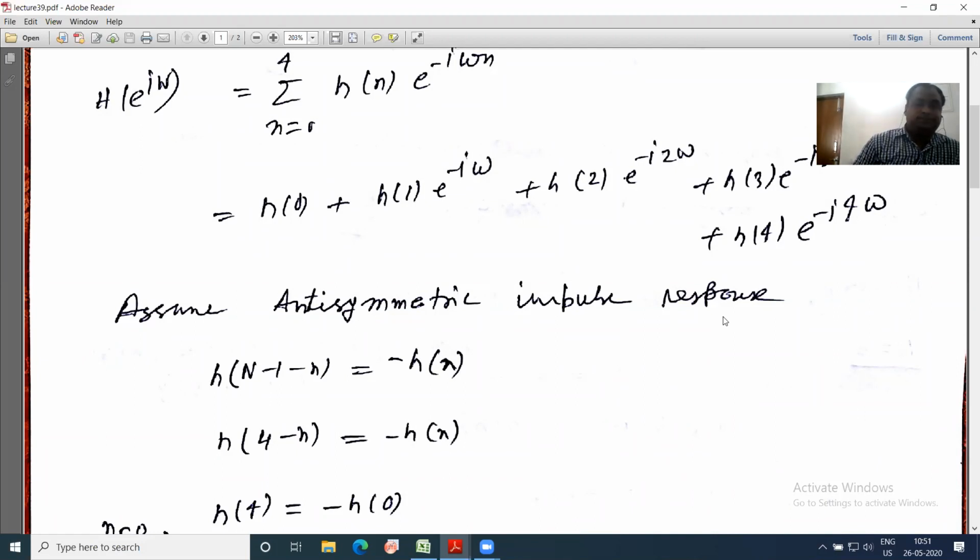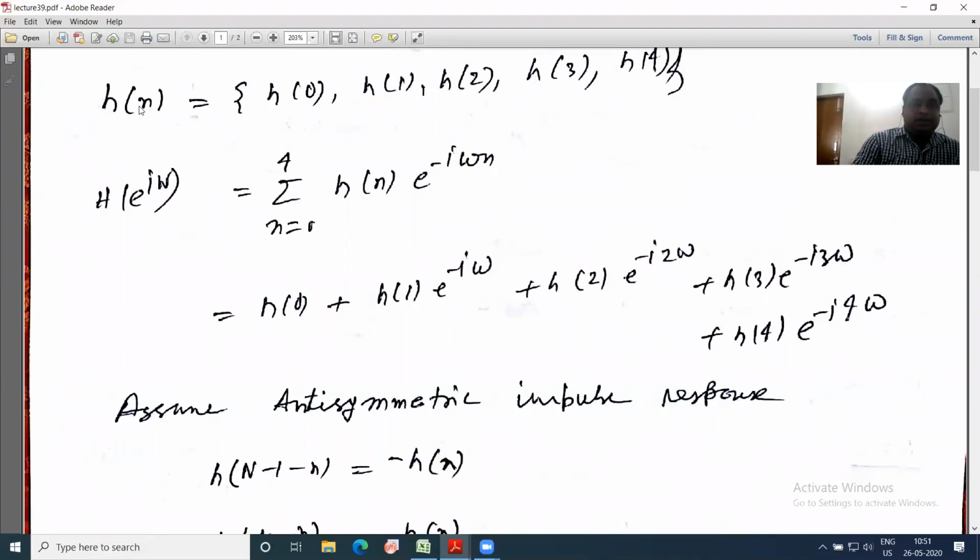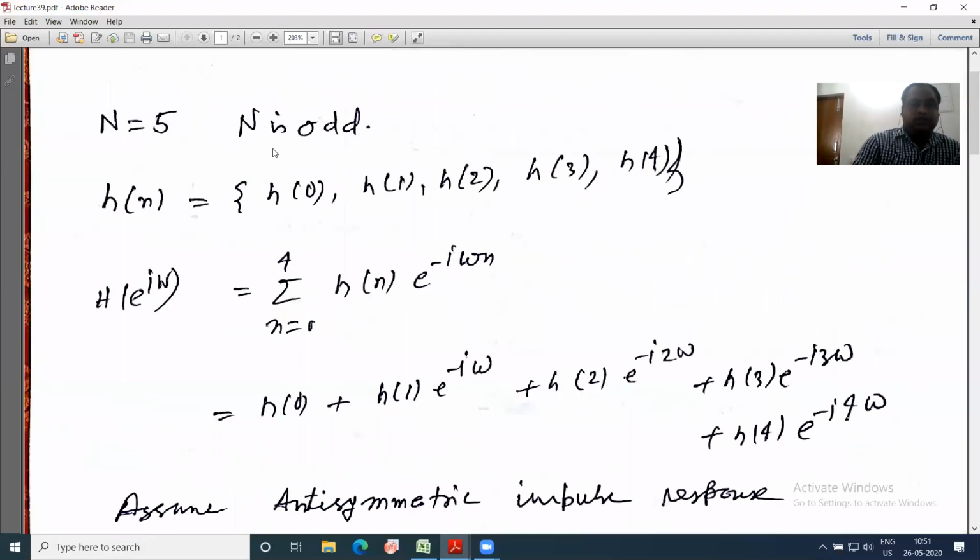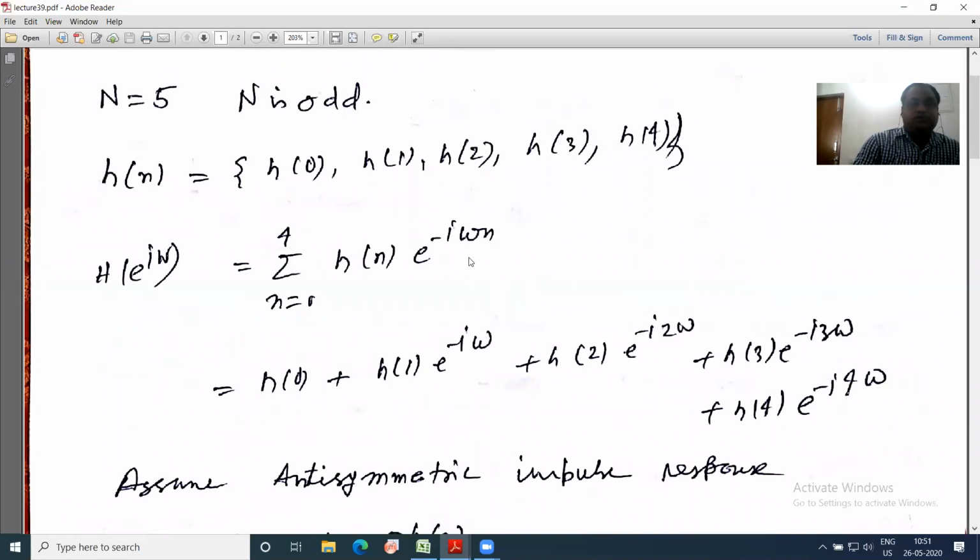For n equal to 5, n is odd, and H of e power j omega is the sum for n equal to 0 to 4 of hn e power minus j omega n. So h0, h1 e power minus j omega, h2 e power minus j2 omega, h3 e power minus j3 omega, and h4 e power minus j4 omega.